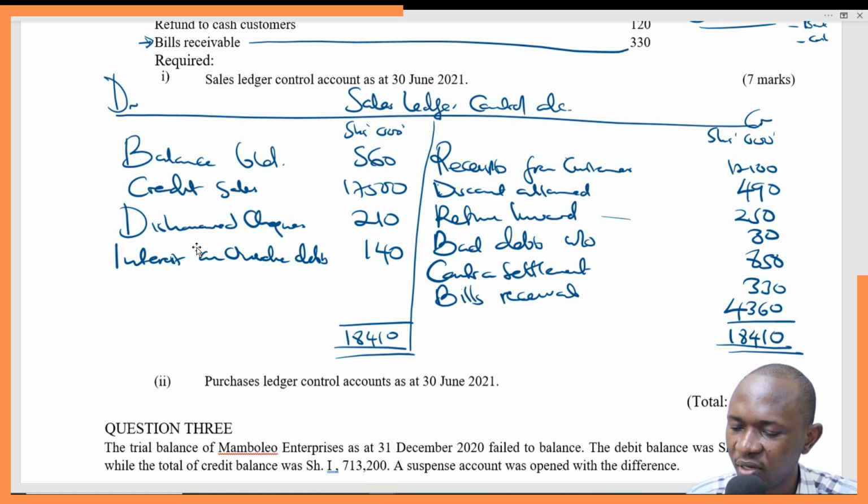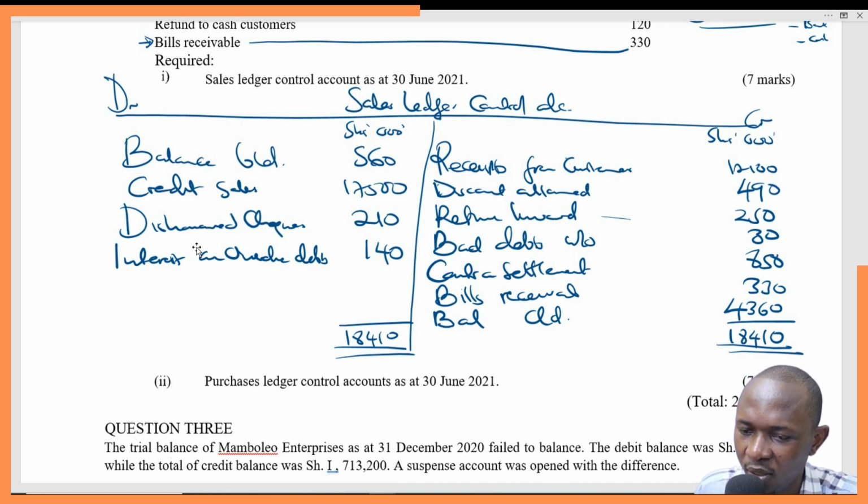So these are closing figures, 18,410. The difference is 4360, and we'll call this balance carried down. That is 18,410, which is a balancing figure, minus the total of this, we get 4360, which we call balance carried down.